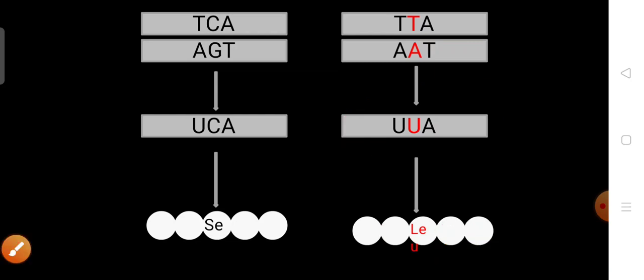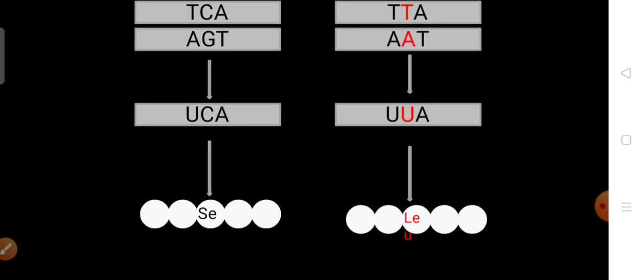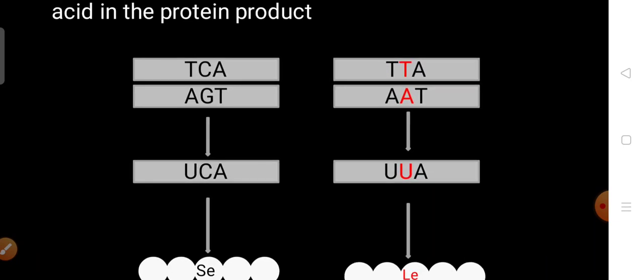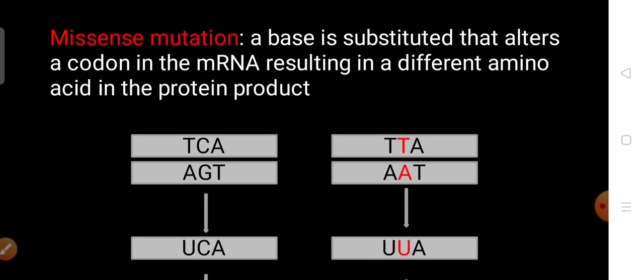So what happens here? In the normal polypeptide chain there was the amino acid serine, and because of base pair substitution, it has changed to leucine. Serine is replaced by leucine. So substitution of one amino acid by another amino acid leads to missense mutation.